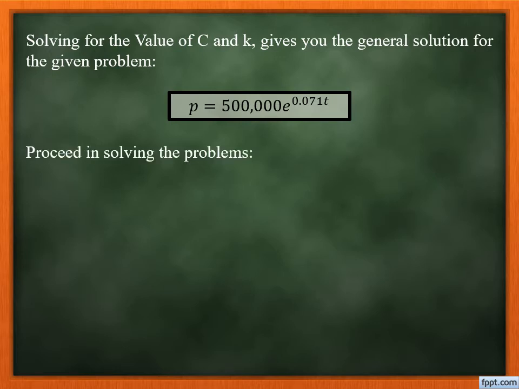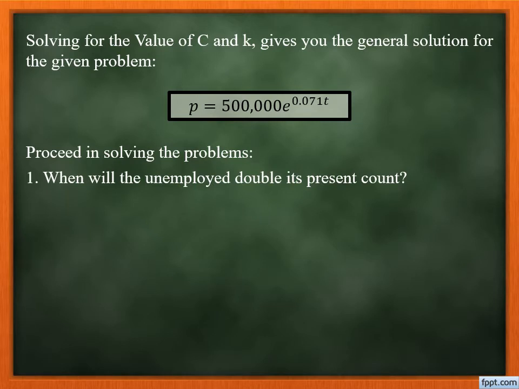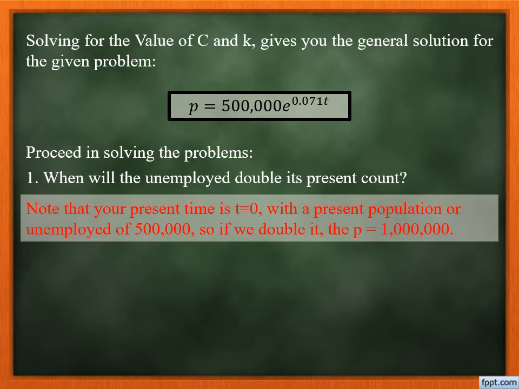So for problem number 1, when will the unemployed double its present count? Note that your present time is t is equal to 0, with a present population or unemployed of 500,000. If we double the population, that is equal to 1 million.